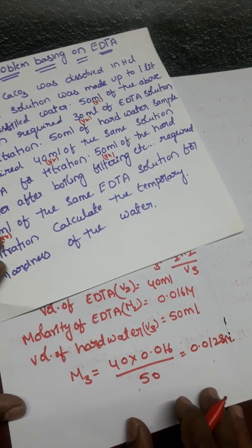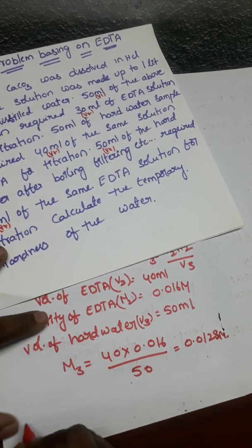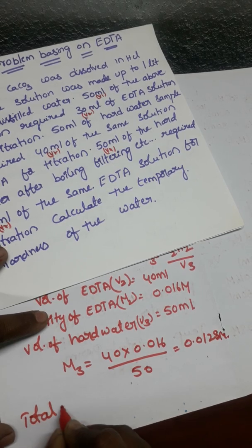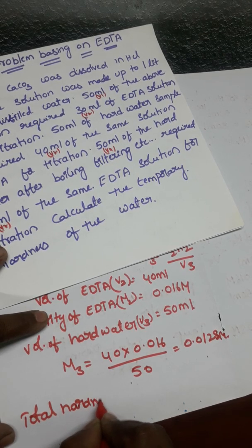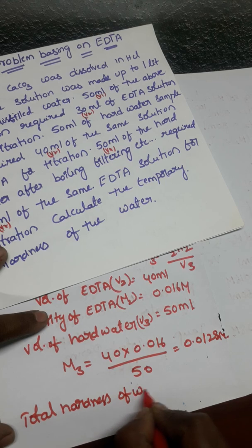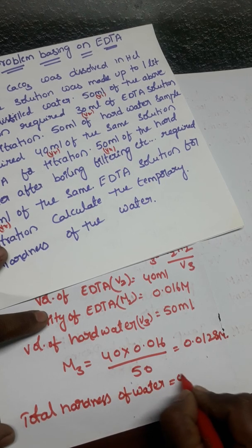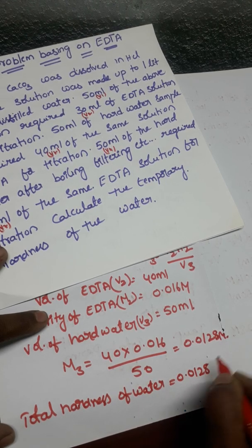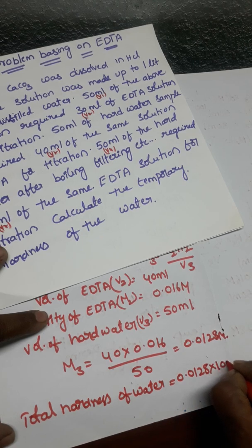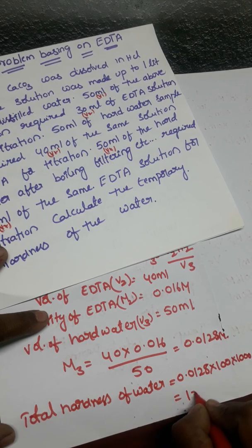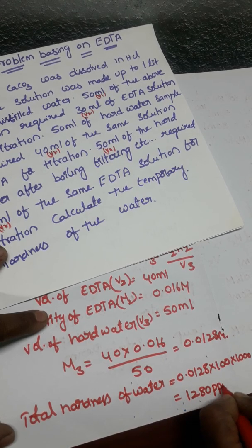Here the total hardness, how much total hardness? Total hardness of water is equal to 0.0128 into 100 into 1000, that is equal to 1280 ppm.